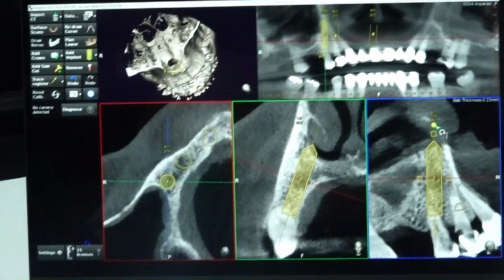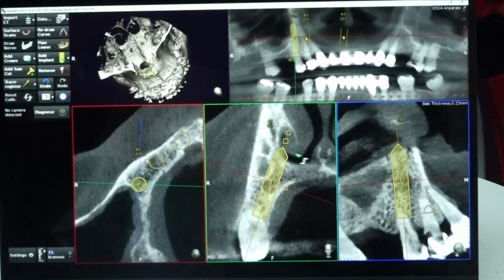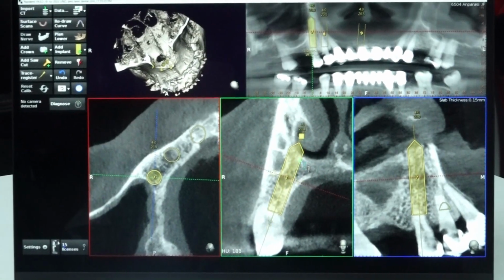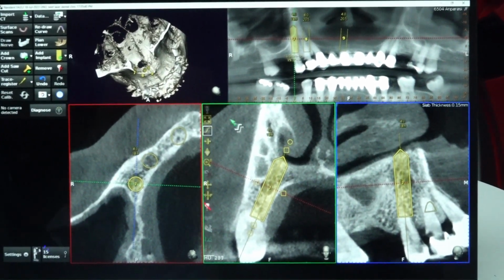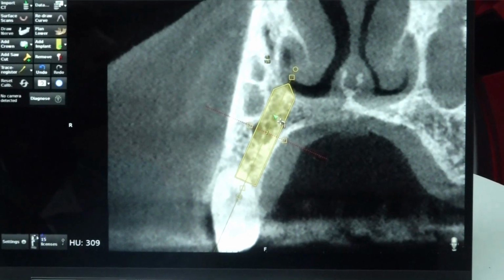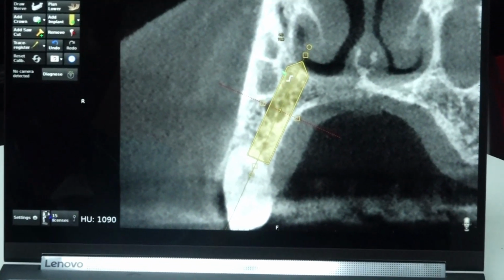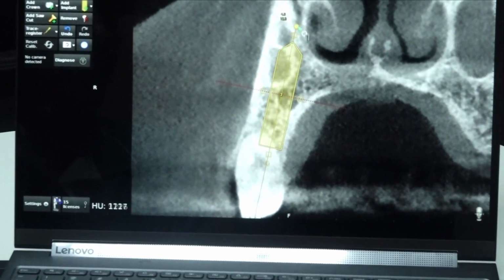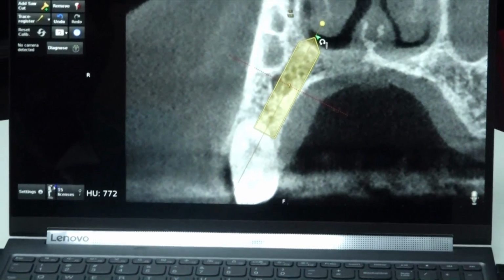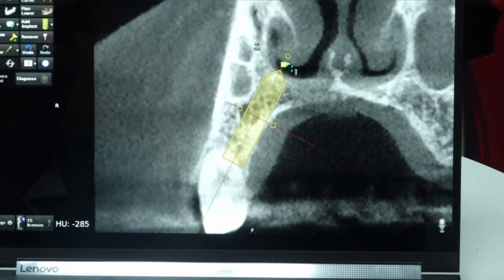So what we'll do is reduce the tilting. But if you reduce the tilting, you have to go more palatally, because the sinus is coming buccally, labially. If you go like this, then you will be entering the sinus. So stay close to the palatal aspect.